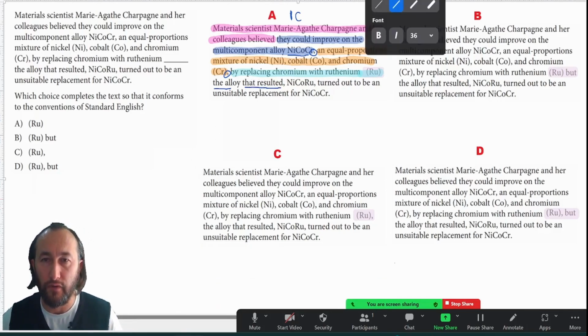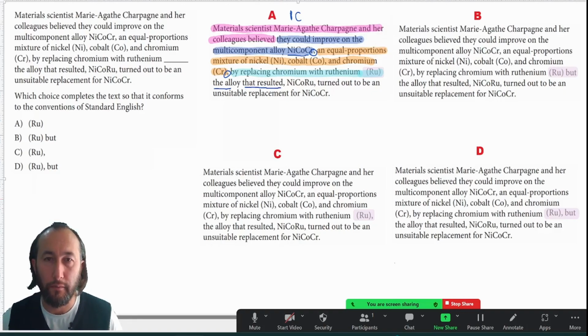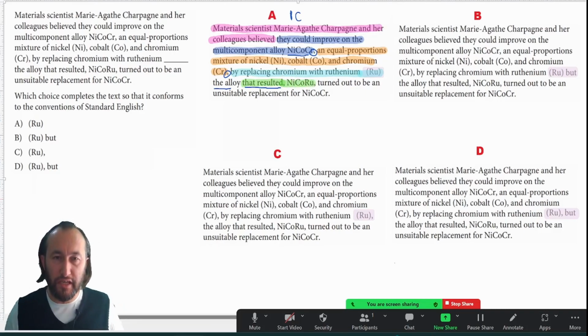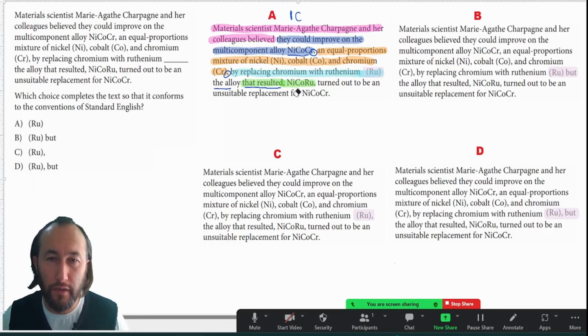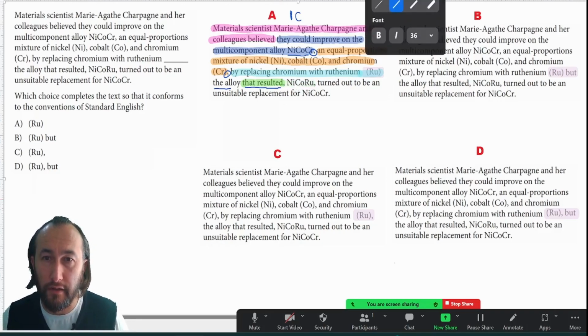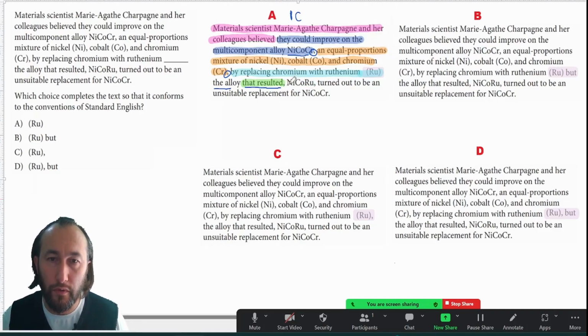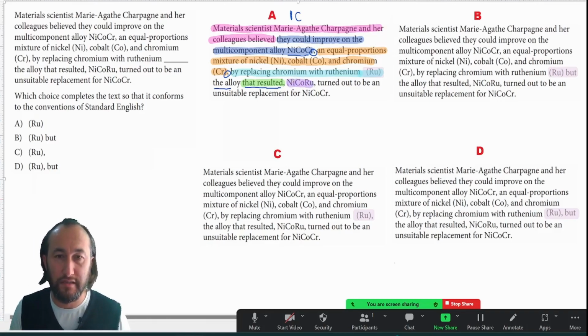This is a relative clause. So the relative clause, I'm going to highlight it with, okay, that resulted. The alloy is a mixture of metals. That means the alloy that resulted. Maybe we can do it in another color. I'm just trying to show you how many separate pieces are in this sentence, right?